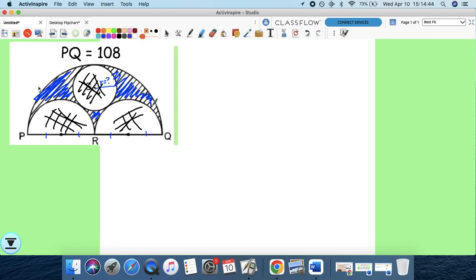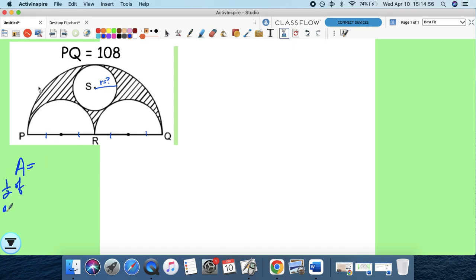That's part 1, and then we want the radius of that circle on the top. So there are 2 things. Let's find the area of the circle, half a circle, by the way. Area of half a circle is pi r squared.